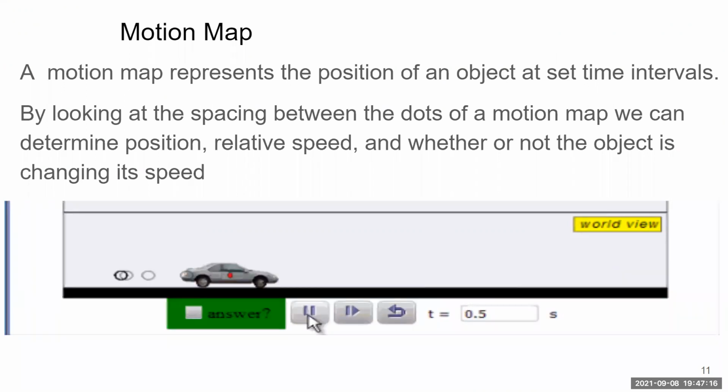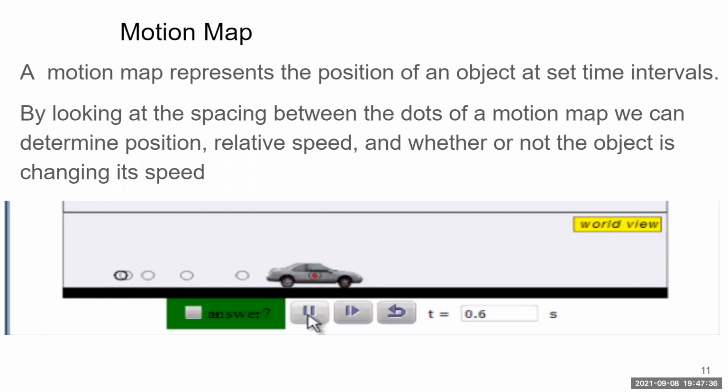As we look at this, notice that the dots for this image are getting further apart as it goes. It's a little hard to see towards the end, but they are slightly larger each time. So that means the car is changing speed.